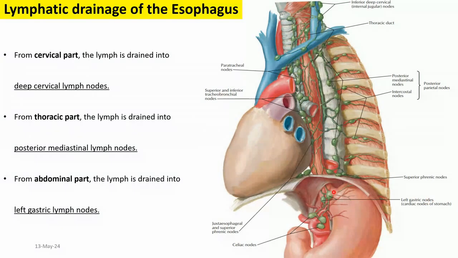Okay, these are the left gastric nodes. These left gastric nodes will eventually, of course, also connect to the celiac nodes. From the celiac nodes, lymph enters the cisterna chyli, then into the thoracic duct. This duct here will later come upwards to join the venous system in such a manner.